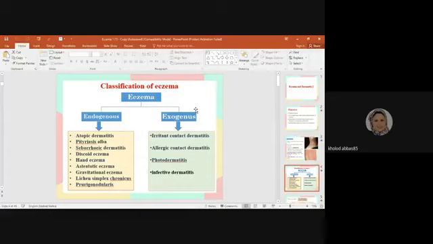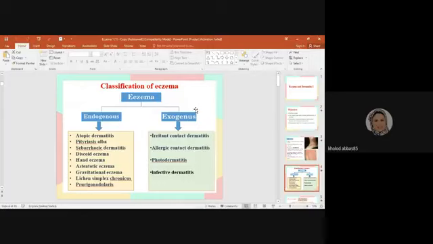Classification of dermatitis according to the cause. According to the cause, we divide into endogenous and exogenous. Endogenous means the process, the pathophysiology is within the body, inside the body. There is no outside factor.